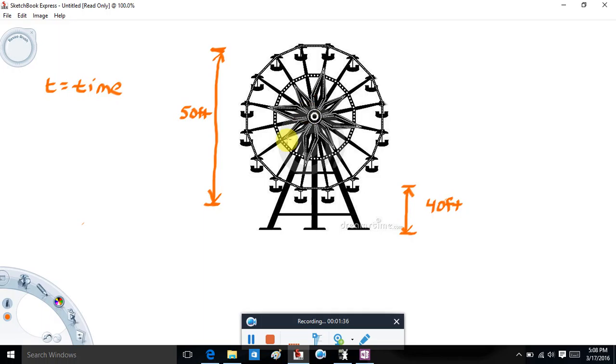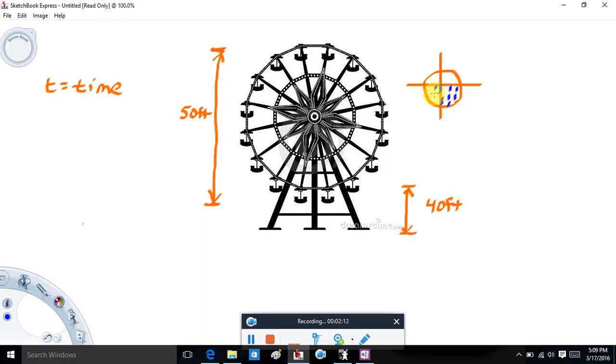So how can we model the height? The height of the function is similar to if we were looking at the unit circle. It's very similar to the height, or the y-coordinate, on a unit circle.